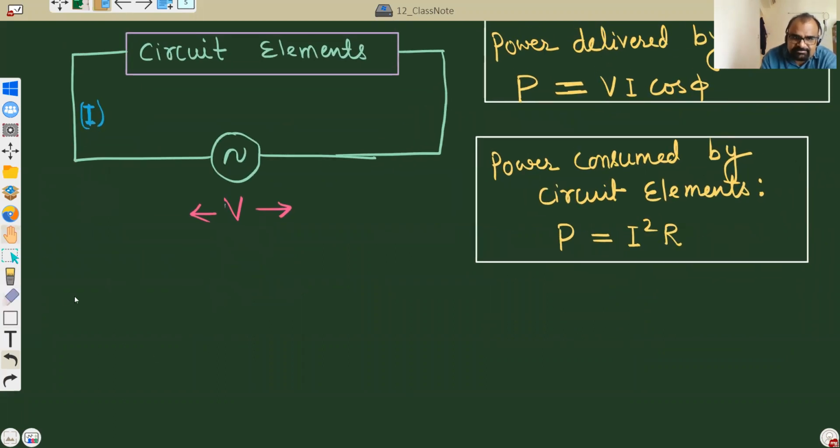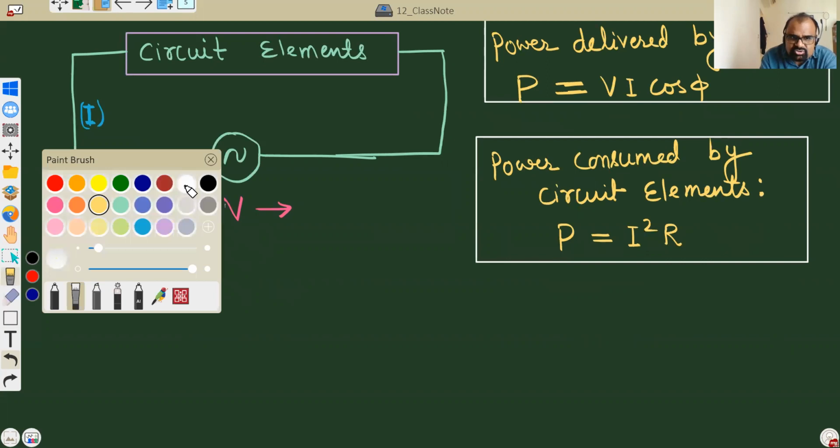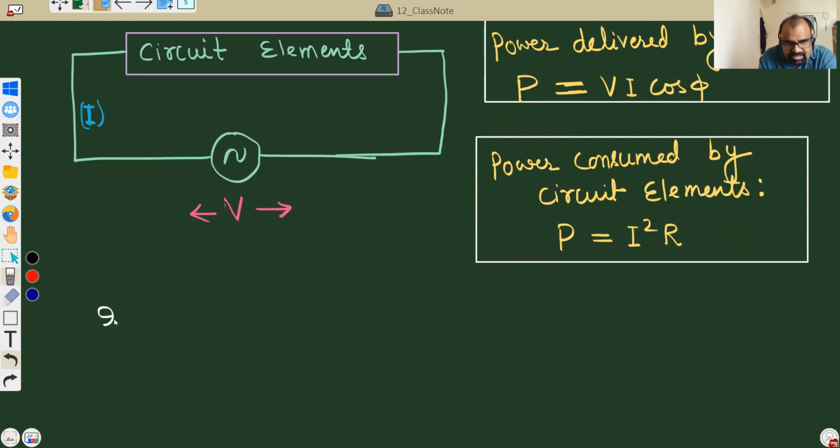So in an AC circuit, power is consumed only by the resistor. This is not a new thing for you, because I had already written this in one of the classes. It will be in your class notes, you can check.